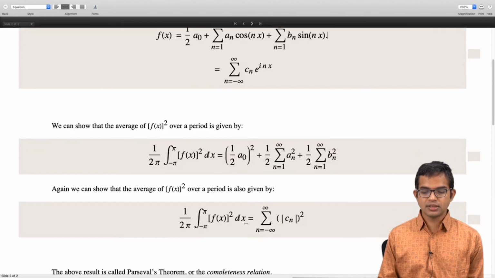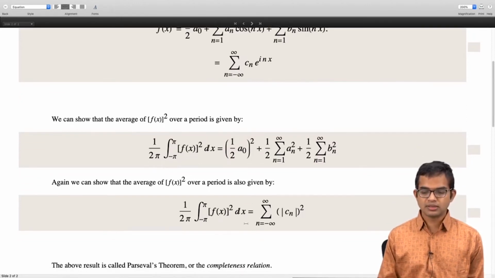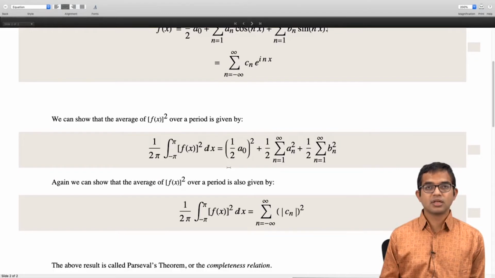So this relation is called Parseval's theorem, or the completeness relation. It's called completeness because there is this hint of these basis vectors which form a complete set, they form a basis. There is this completeness which is satisfied by all these cosines and sines, or all the exponentials.